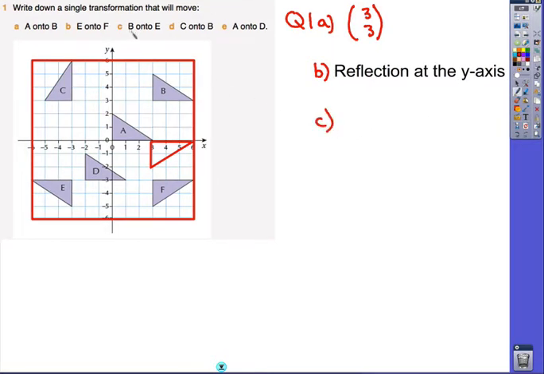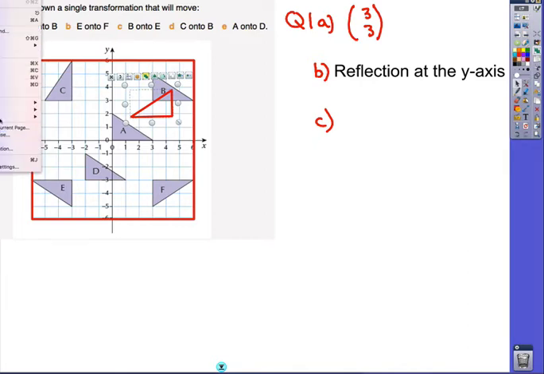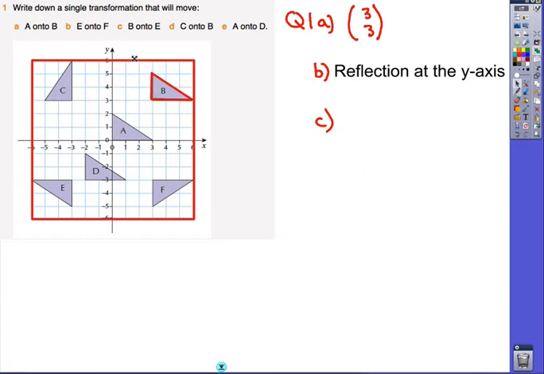1C, B onto E. So here's our triangle B. Here's B onto E. Again, it's not a translation, it's more of a rotation, and we'll see what kind of rotation that is.